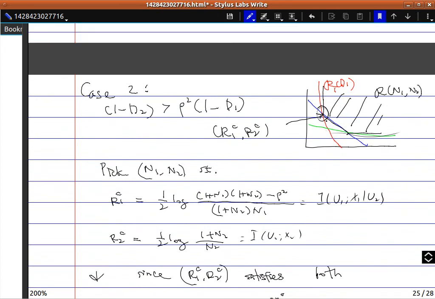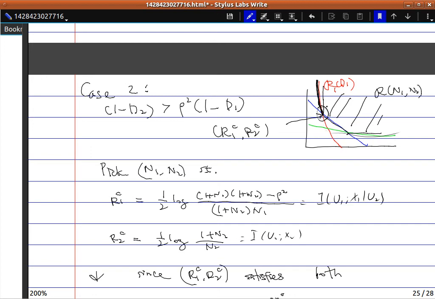Now, for this point, since it's achievable, then again, just like in the first case, we can try to show that the point on the boundary of R1 D1 here will also be satisfied.